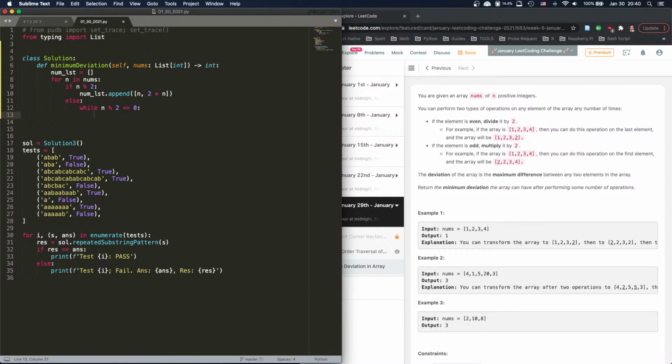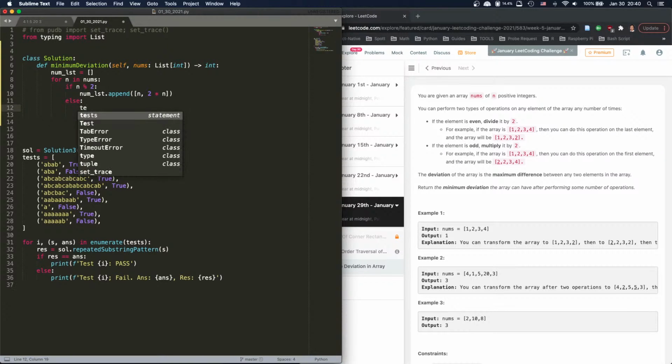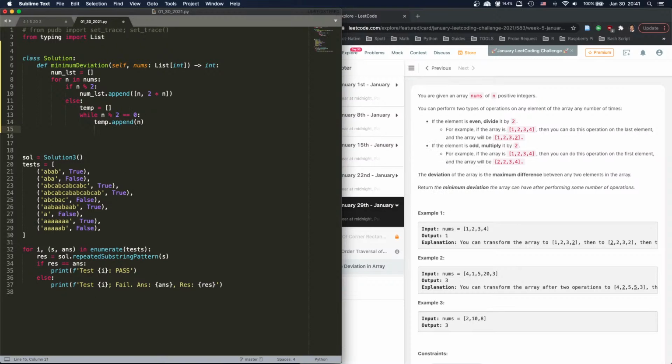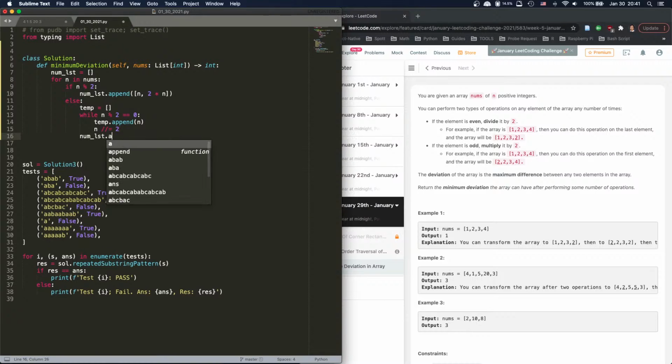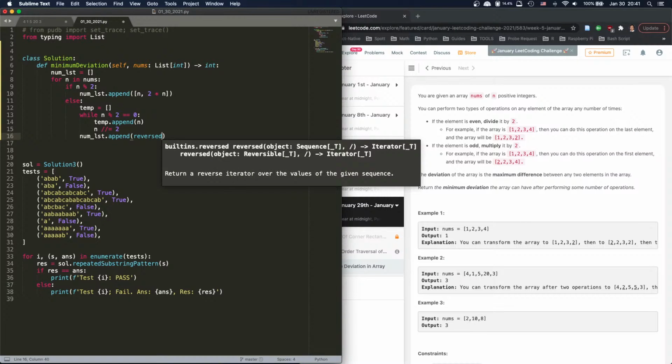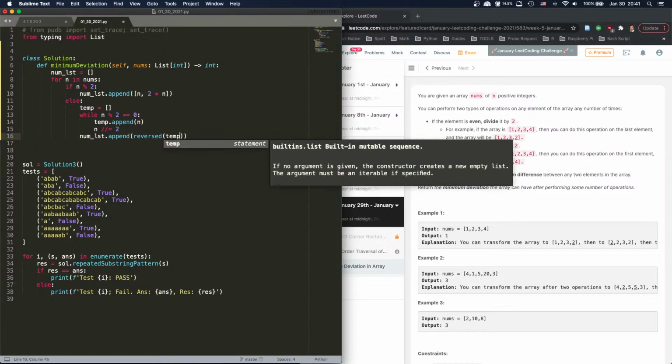Okay, does reverse? Okay, next up. No, we need 10. 10 equals this. Can you have a better way to do this? 10 dot append and 2. And then we say num list dot append reverse sequence temp.